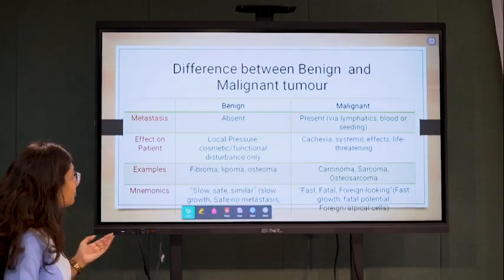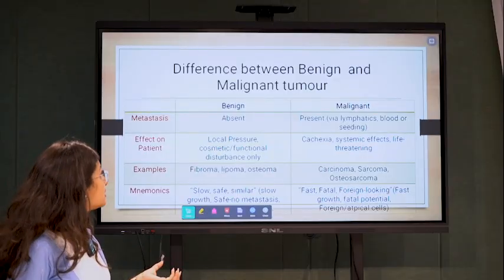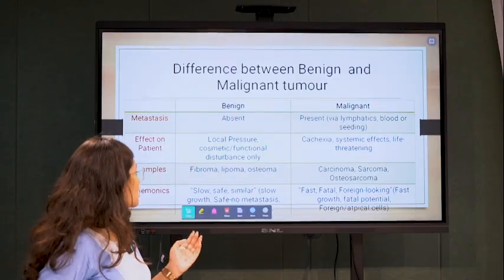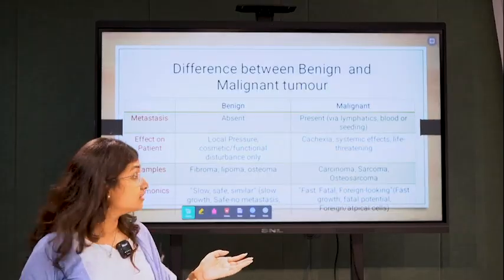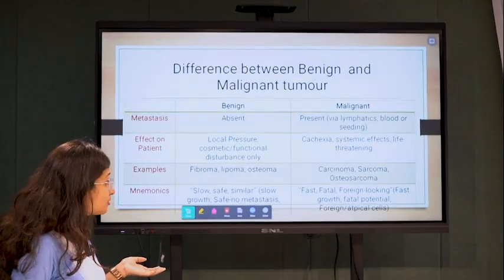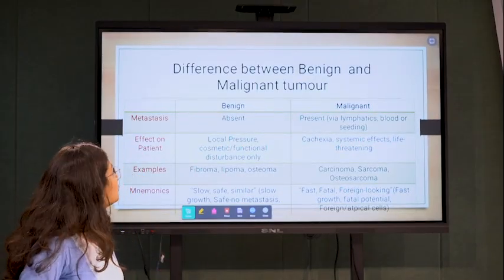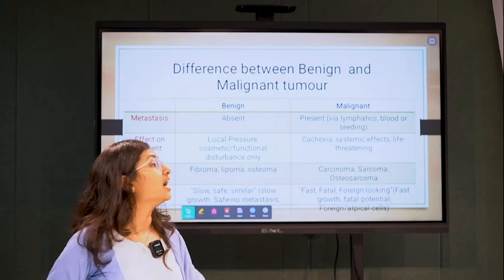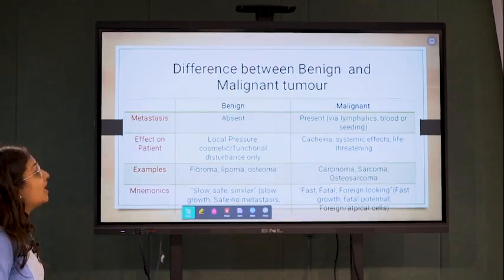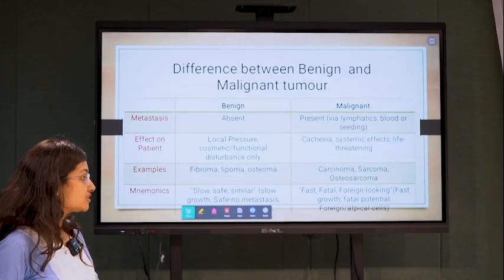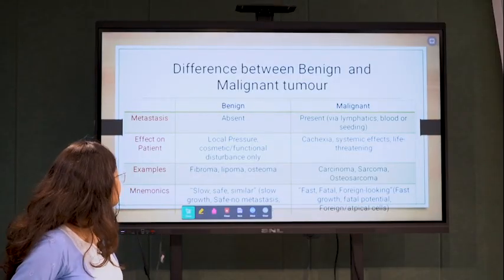Okay, the effect on the patient. Benign causes only local pressure, cosmetic or functional disturbance, but malignant can have systemic effects or be life threatening. Common examples for benign are fibroma, lipoma and osteoma, and in malignant they are carcinoma, sarcoma and osteosarcoma.